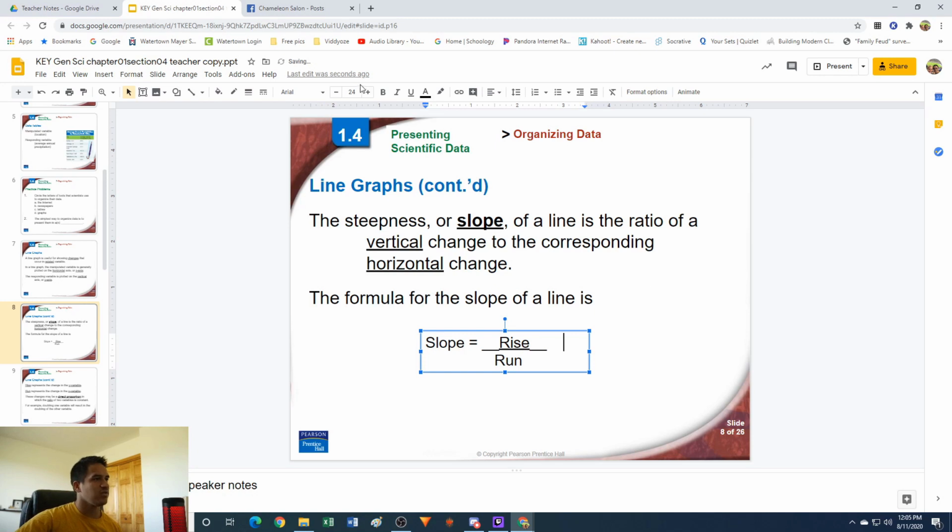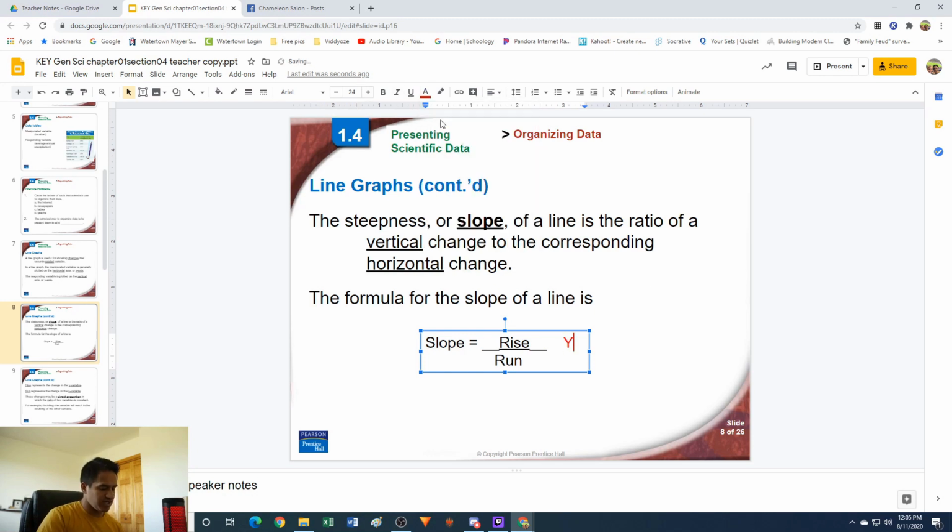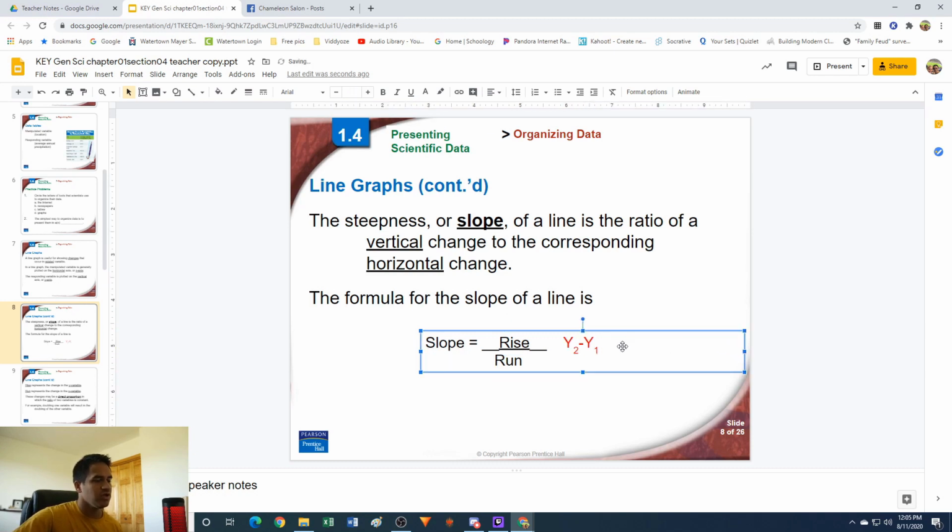Otherwise, another way that you may have heard of it could be y2 minus y1, divided by x2 minus x1.